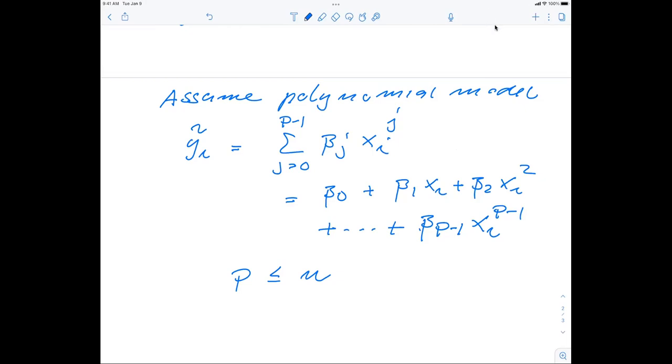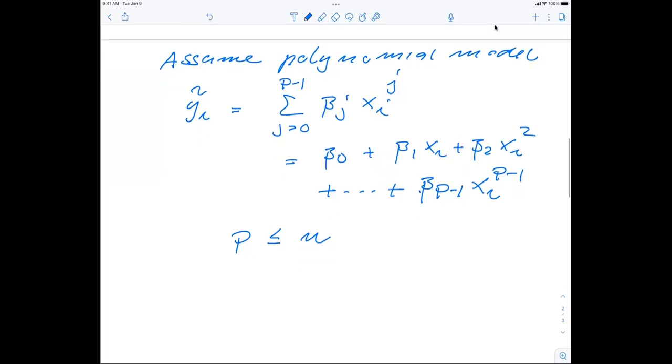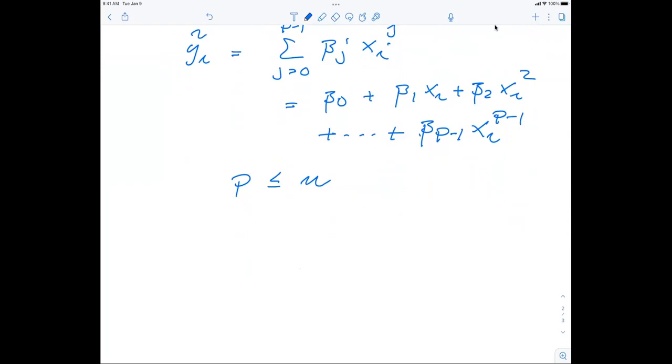Okay, so what I want to do now is to go through many of the basic ingredients in machine learning by using this polynomial approximation, because that's something which is easy to relate to. If you now write out the equations, you can easily see that you can translate everything in terms of a matrix times a vector problem. So if you look at this data set, this will be our y i tilde.